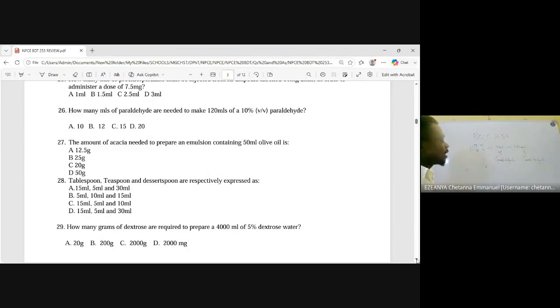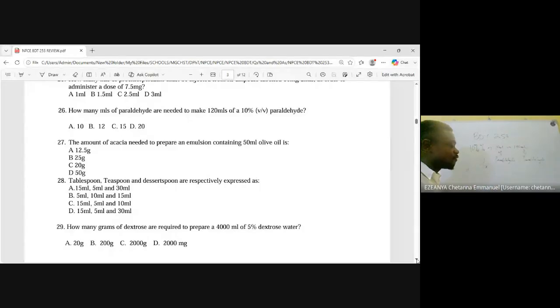This will tell you that the one on top, being gram, is a solid, and the drug added into whatever we are preparing is in solid form. The entire product is liquid, so even if the drug came as a solid, it either dissolves or disperses at the end. Everything will be in liquid form.